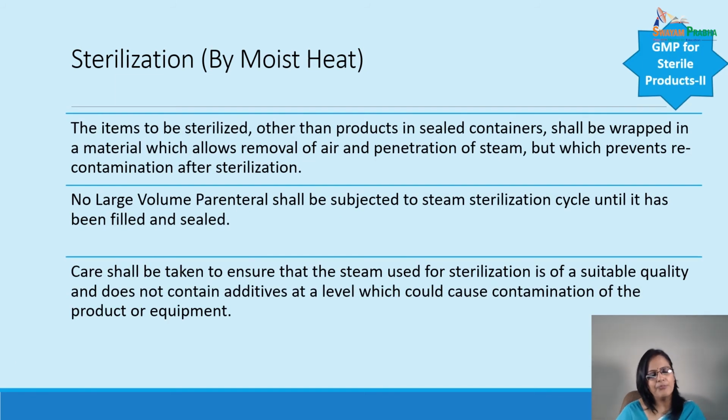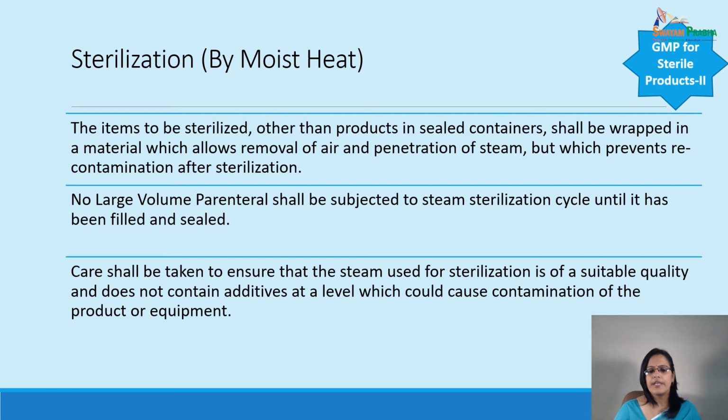The items to be sterilized, other than products in sealed containers, shall be wrapped in a material which allows the removal of air and penetration of steam, but which prevents recontamination after sterilization. This should be taken care of. No large volume parenteral is subjected to a steam sterilization cycle until it has been filled and sealed.